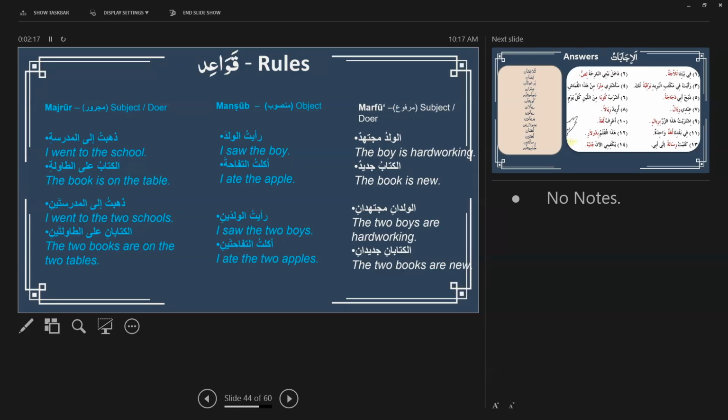No, I know, but how do you know that this subject is marfu? What tells you that it is marfu, not majroor or mansoob? Damma, waladu. Al-waladu, very good. Because you're saying al-waladu, that's why you know that if you have to make the dual for this, you will say al-waladani mujtahidani. Because the subject is marfu, the word will not be waladayni, it will be waladani.